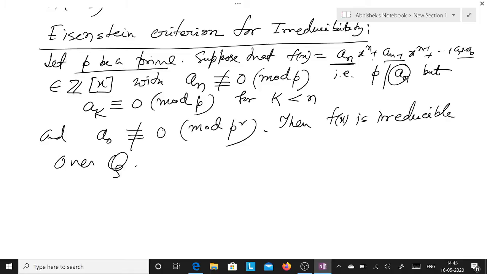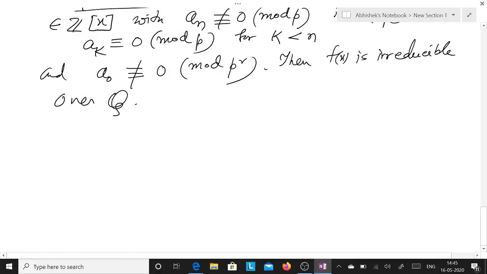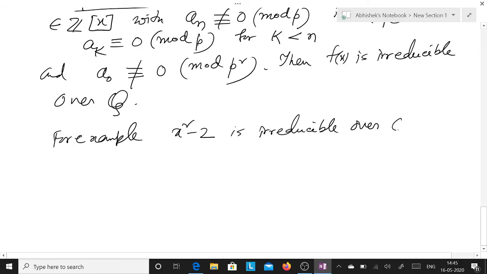Now let us again recall that we have already seen in the previous discussion that the polynomial x square minus 2 has been checked to be irreducible over Q. Now we need to check this irreducibility in terms of Eisenstein criteria.